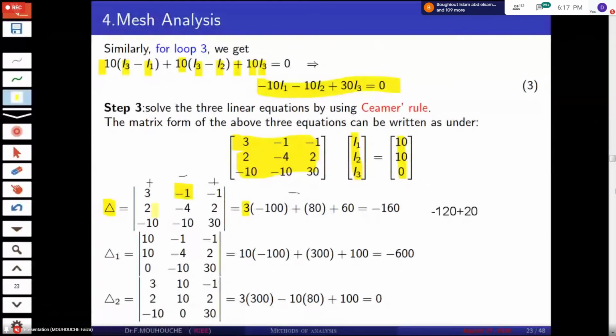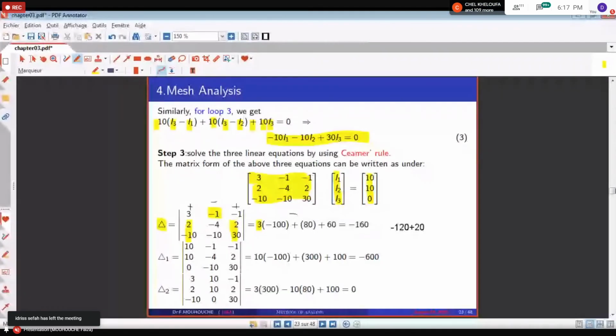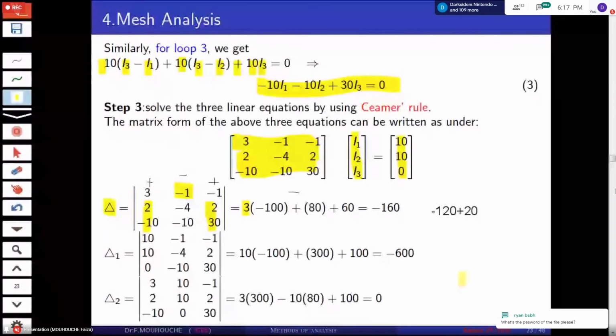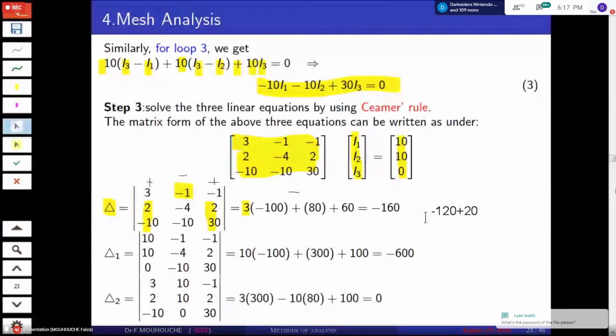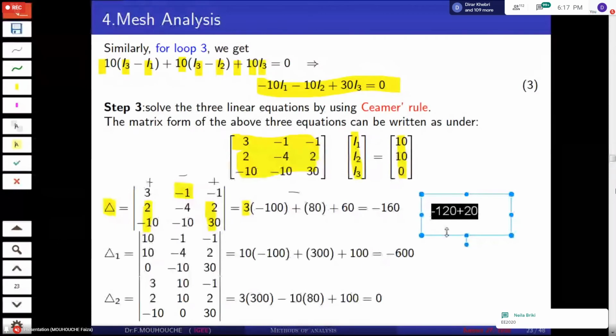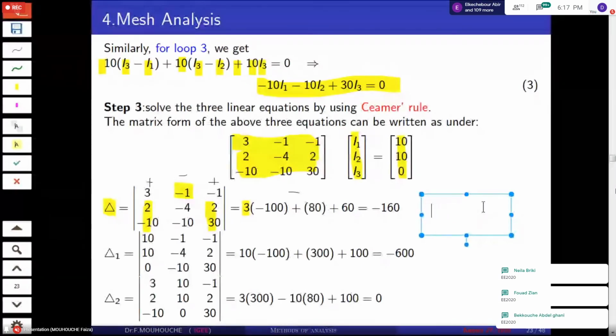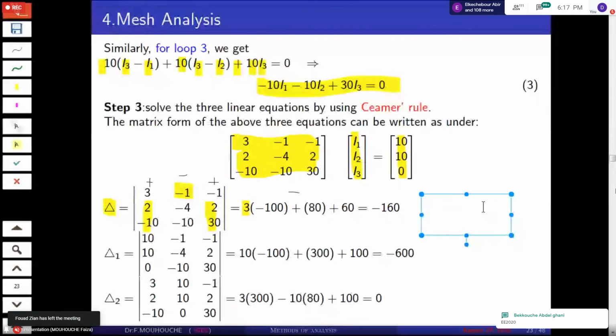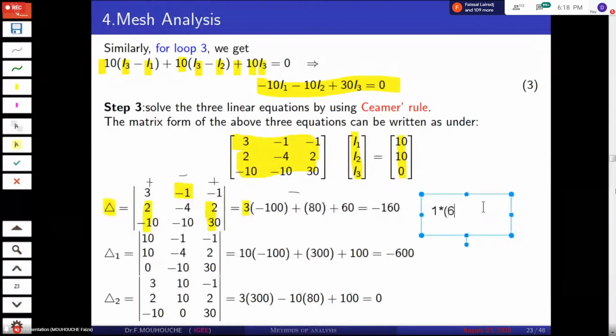We took the columns. Here we have minus 1 multiplied by minus, which is 1, multiplied by 2 times 30, which is 60, minus with minus equal to plus 20, which is 80.